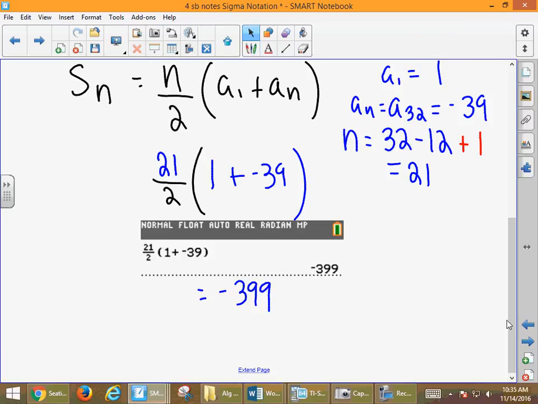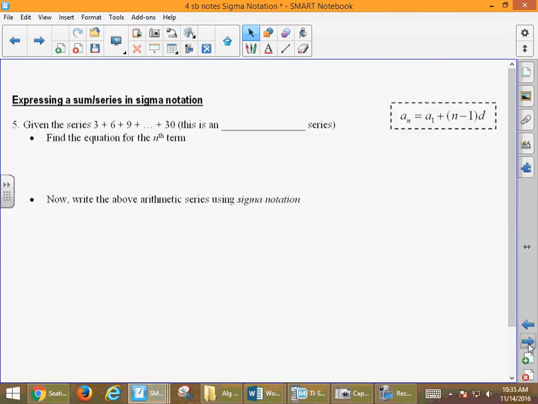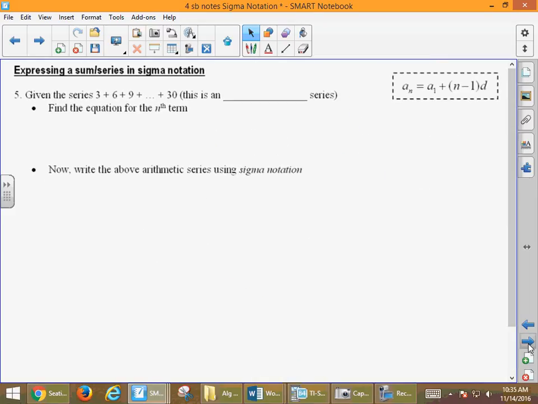But as we flip over to the other side of our notes here, now that we're at least familiar with how these work, we want to figure out how we can write something in sigma notation. First of all, we're given 3, 6, 9 plus dot dot dot all the way up to 30. What kind of series, because they're added together, what kind of series is this?